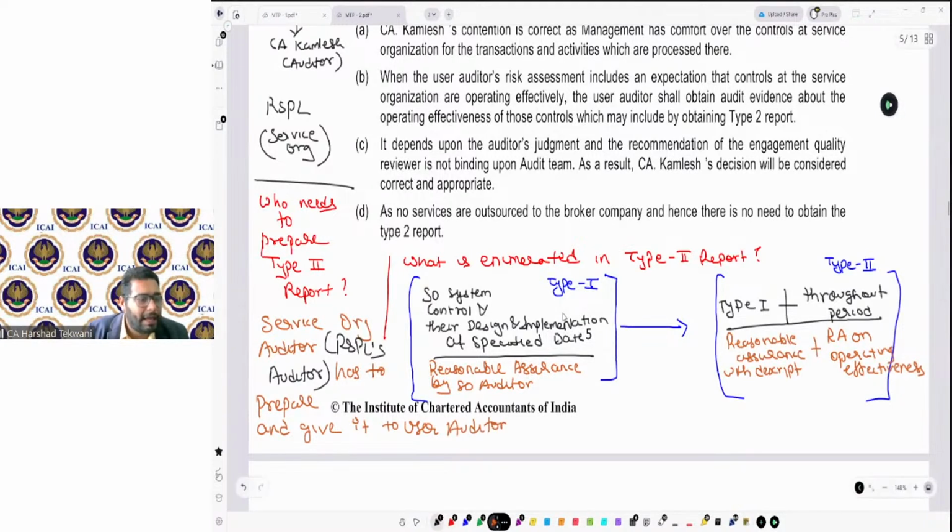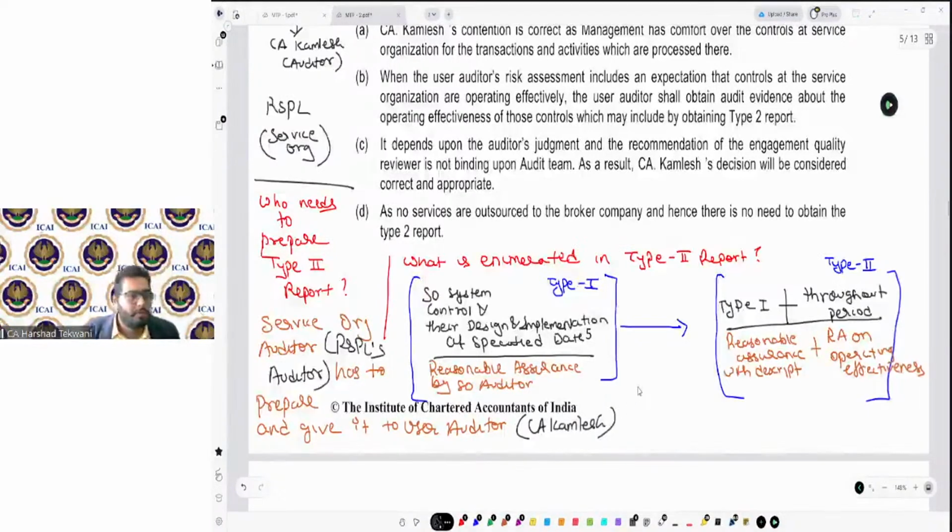User auditor basically is nothing but CA Kamlesh. So RSPL's auditor will prepare this report and will give it to CA Kamlesh.